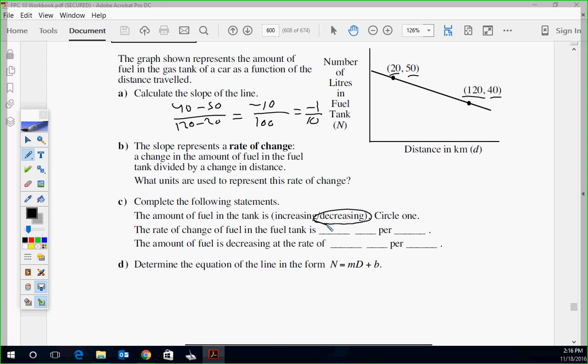The rate of change of fuel in the fuel tank is negative 1/10 liters. Sorry, it's negative 1/10 of a liter per kilometer, not the tank. It's in liters. I said that wrong. So you use 1/10 of a liter per kilometer, which makes more sense. If you lost 1/10 of your tank per kilometer, you would not go very far.